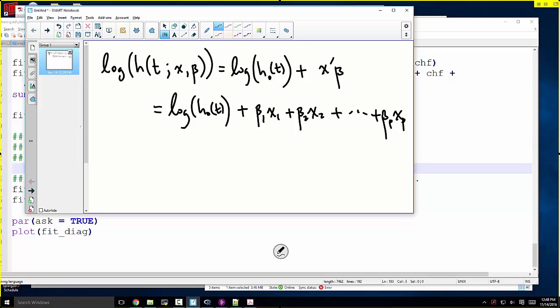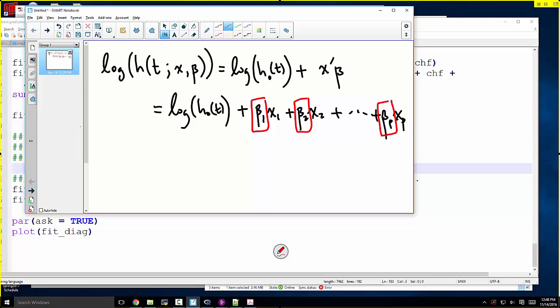So every one of those covariates has a beta coefficient, but it does not show up in the baseline hazard. So for every one of those covariates, we are assuming that the betas do not depend on time. The effects of the covariates do not change with time.